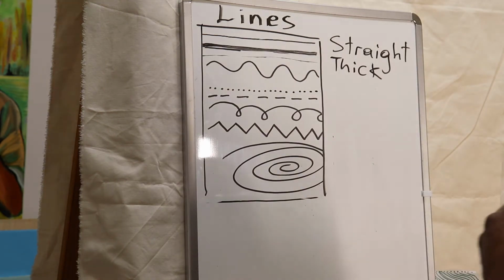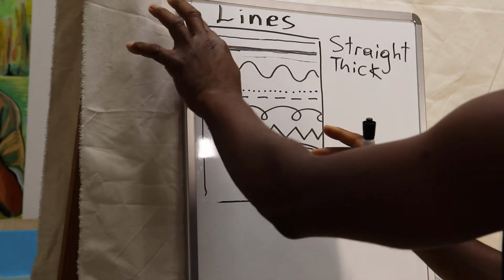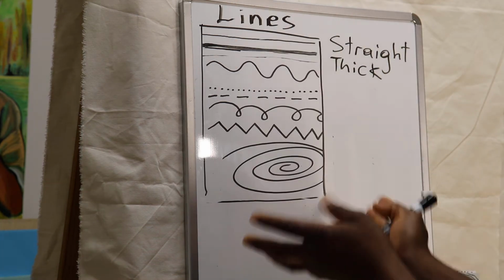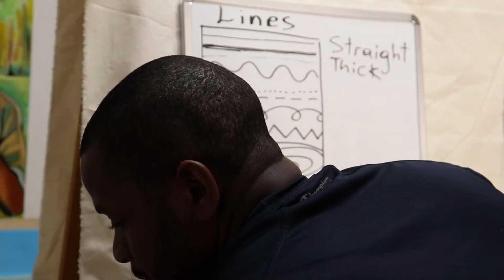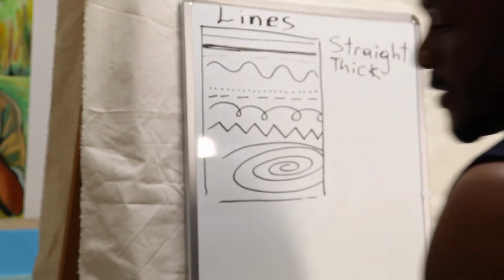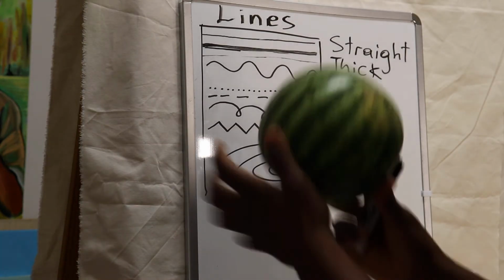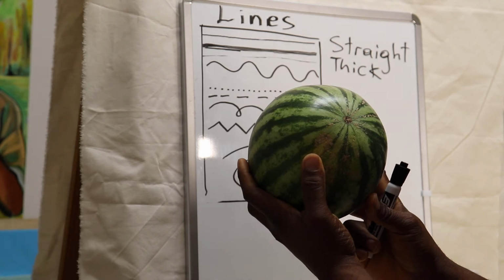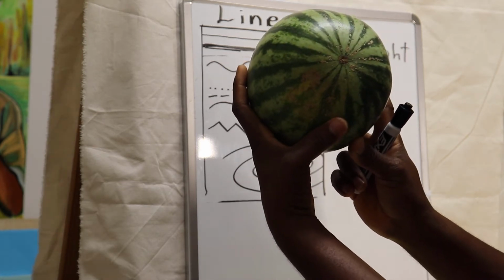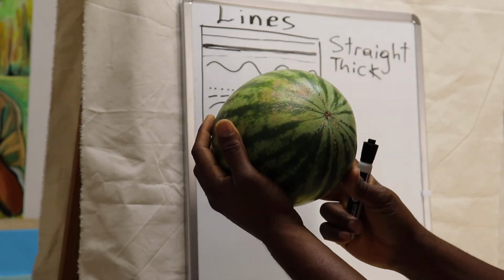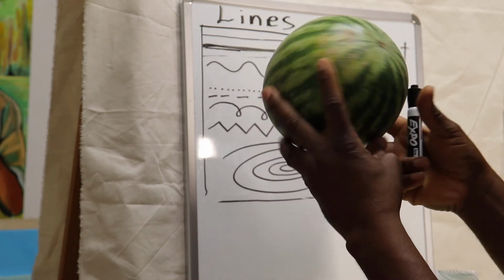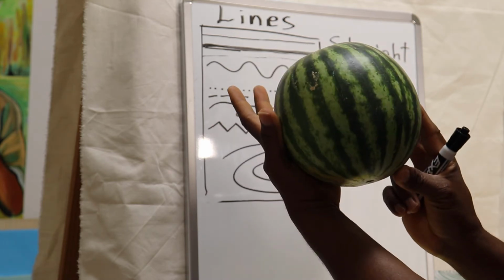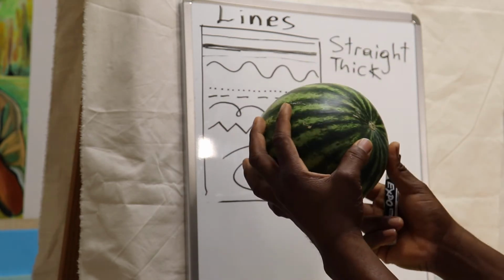And we're going to look at the different types of lines, how we can see evidence of these in nature, and how we can be inspired by nature, alright, and how nature can help us. Alright, so here we have a watermelon, alright, and look at the types of lines that we have here on the watermelon.